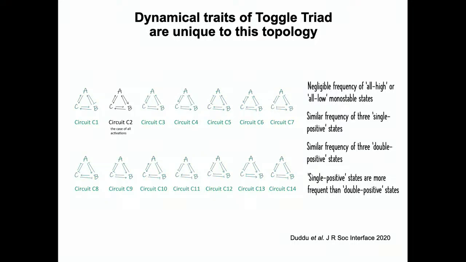So there is not even a single network which follows all the 4 properties. So clearly the dynamics of that, or the graph that you saw, that all low and all high are very low, there are single positive states and then there are double positive states, and single positive is more than double positive by approximately 50%. None of the other 3 node networks follow this property, suggesting that these dynamics are unique to this particular topology.